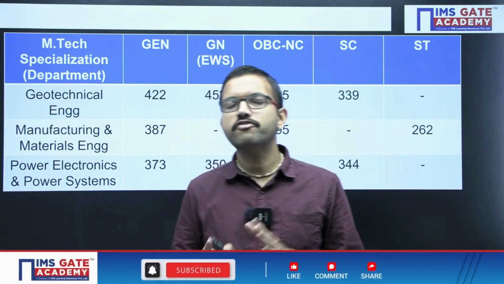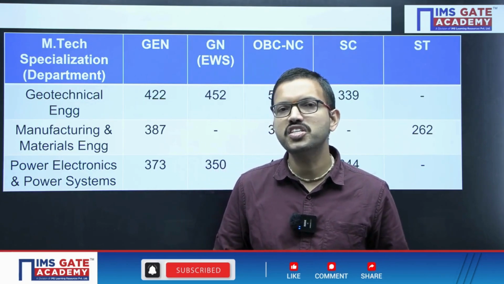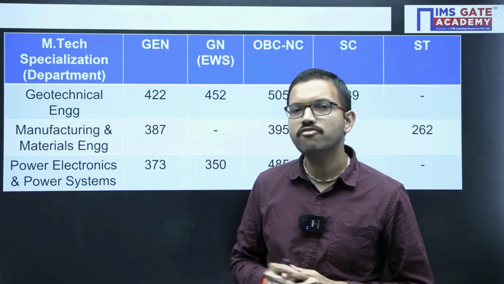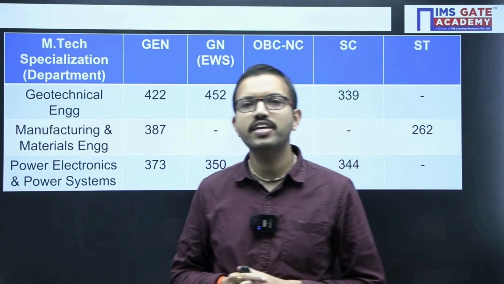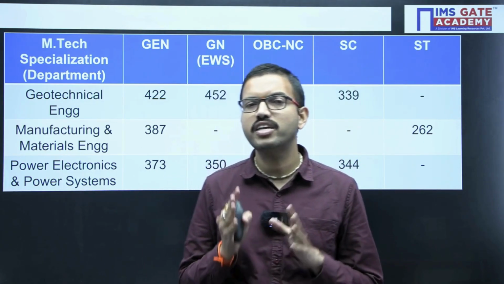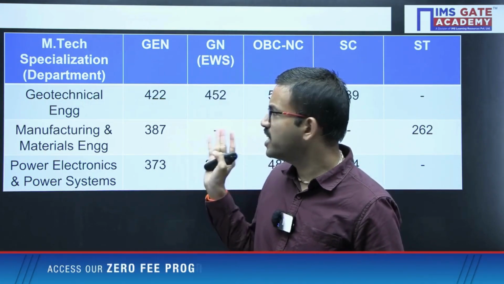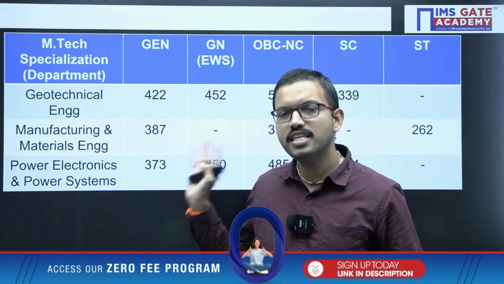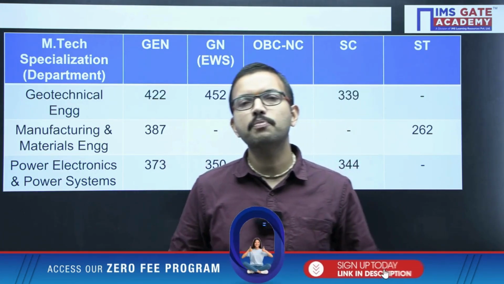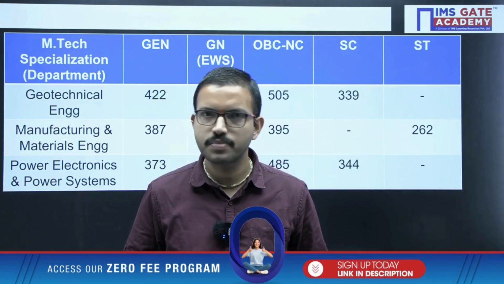So instead of wasting time for one more year, better you join wherever opportunities you have with the help of a lower GATE score in any of the IITs. Grab the opportunity by participating in the spot round, okay.